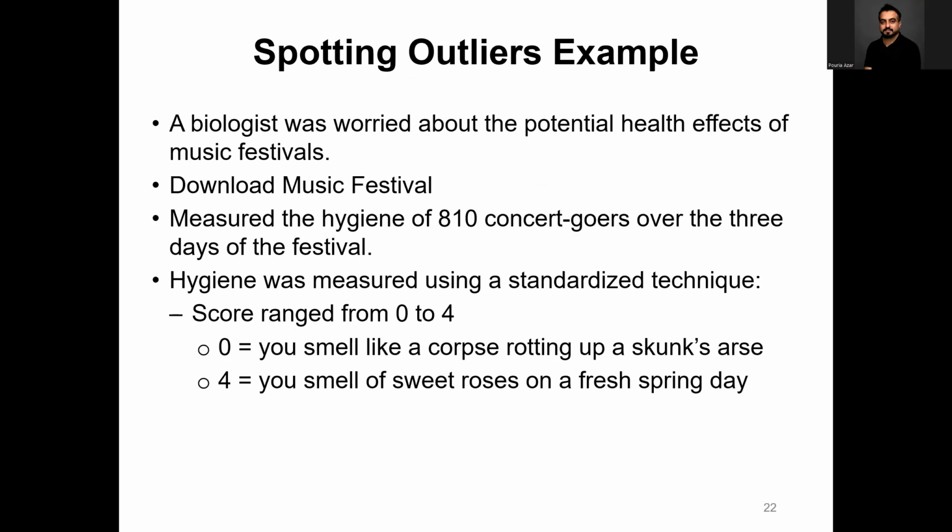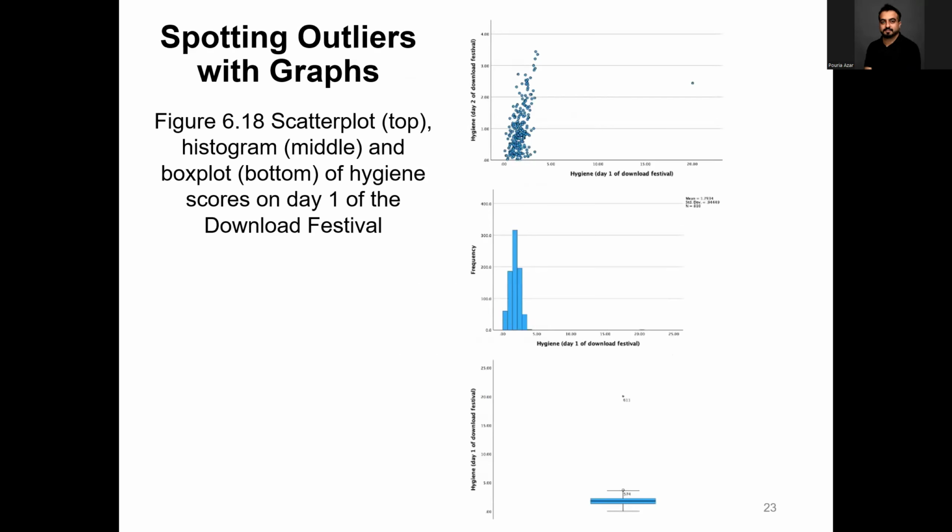So this is an example of spotting outliers. We can graph it. If we graph our data set, we can easily detect outliers. As you can see, there is a dot on the right side, which is far away from other dots on the graph. That one is our outlier. In the middle one, we have a histogram here.